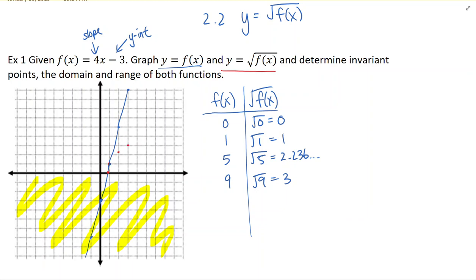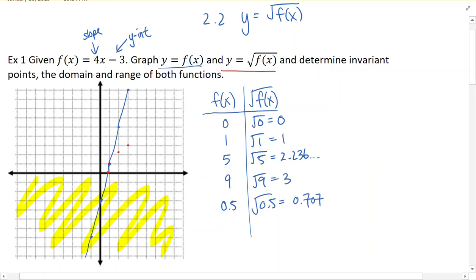Before we connect the dots together, I do need to point out one thing. When you have a value of f of x or y between 0 and 1, then there's something that's a little different. Let's take an example: if we have the value 0.5 and you square root it, that is going to be 0.707.